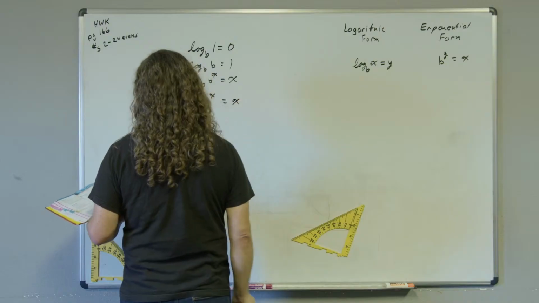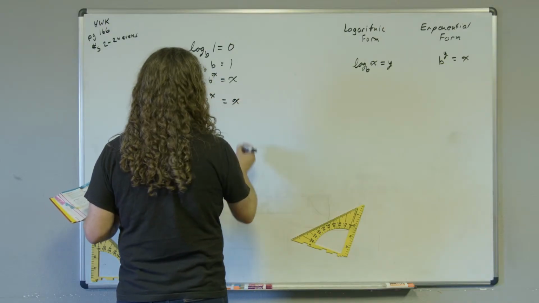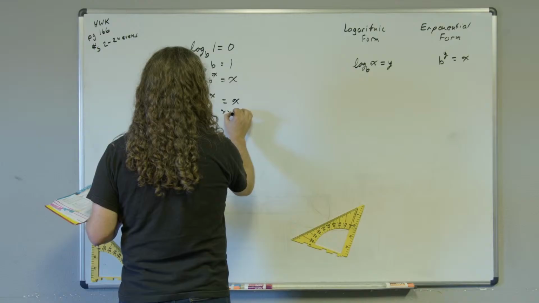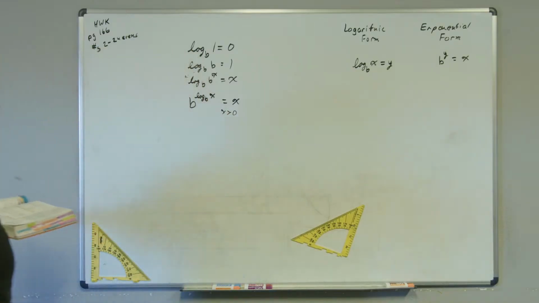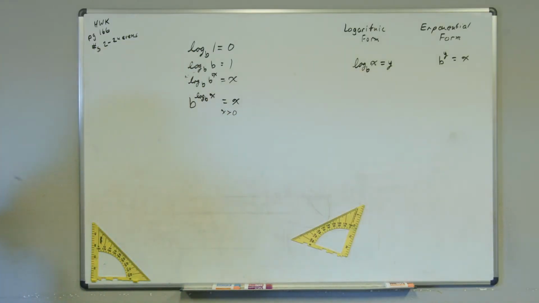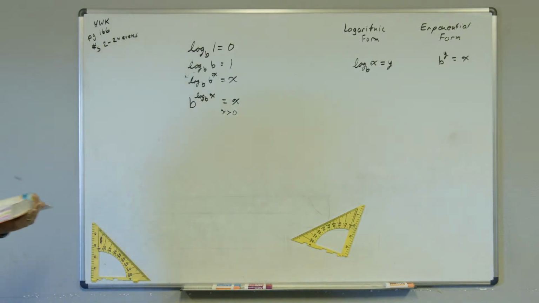This only works if x is greater than 0, not if it's less than. So the bottom one we just did is the same as the one above it? Yeah, the result is the same. We could write a proof for it, but we're going to keep moving.